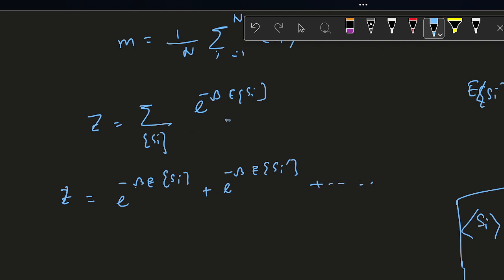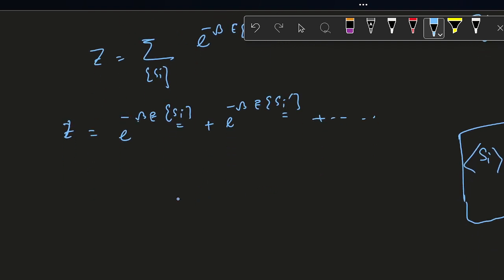So basically we are taking a summation over all possible spin configurations where each configuration value looks like this. You can imagine the factor like that, and you can take a ln. When you take the ln, you take the ln of this whole summation, e to the power minus beta, all the exponential parts summed.